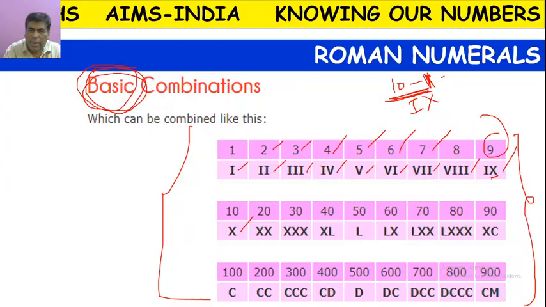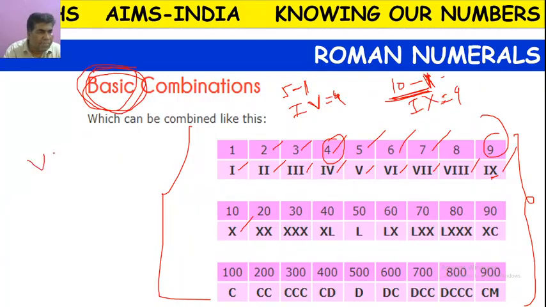So that's why 9 is written as IX. This 4 also: what is the meaning of 4? 5 minus 1. So we are doing subtraction here, so the 1, I, will be written first, and the 5 after it. IV stands for 4.